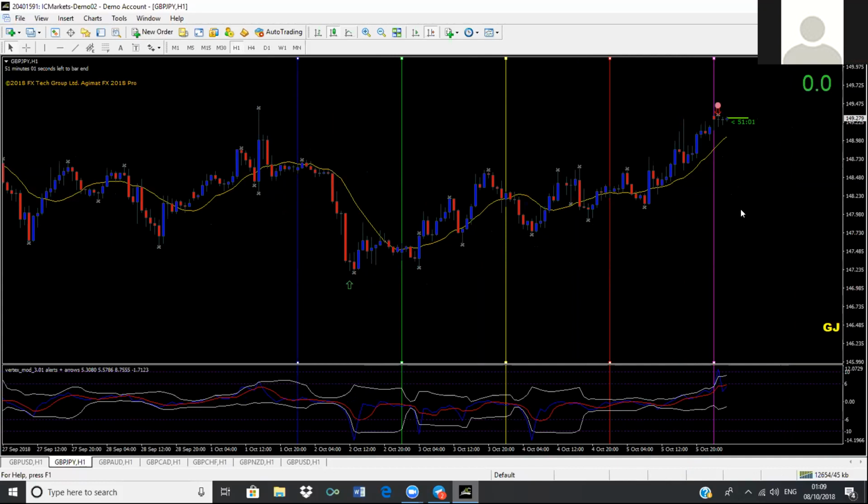Before we start, if everyone can see the crosses, just give me a thumbs up or type in yes on your chart so I know everyone is seeing the same thing that I'm seeing. Yes.